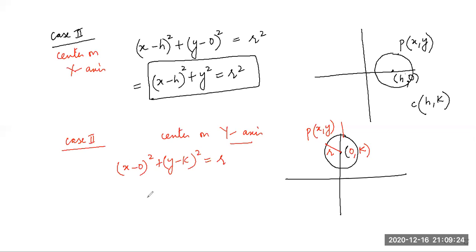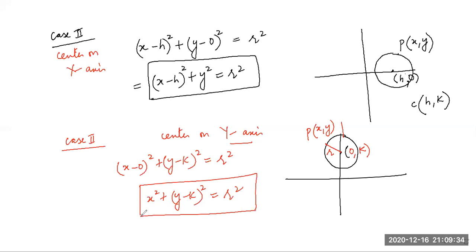In other words, I can write x square plus y minus k whole square is equal to r square is the equation of the circle whose center is on y-axis.